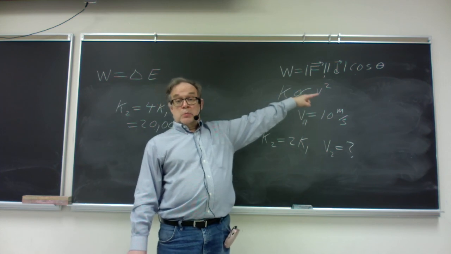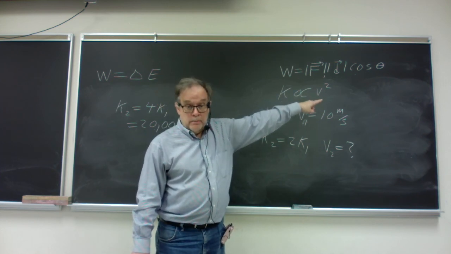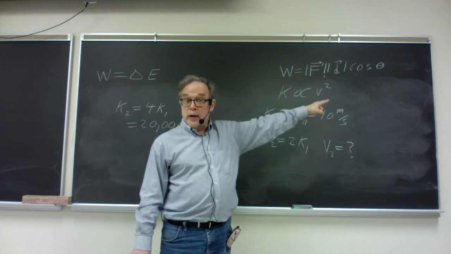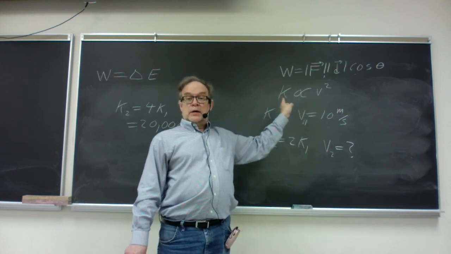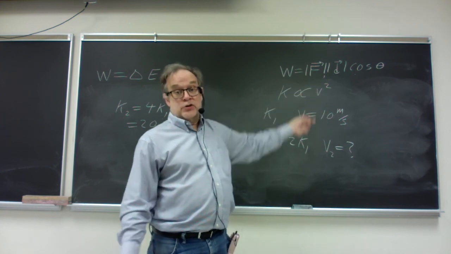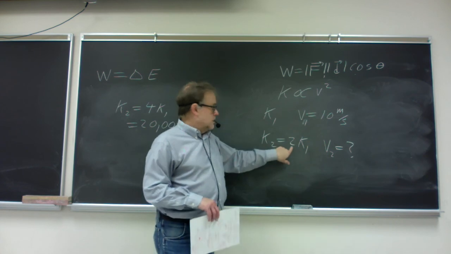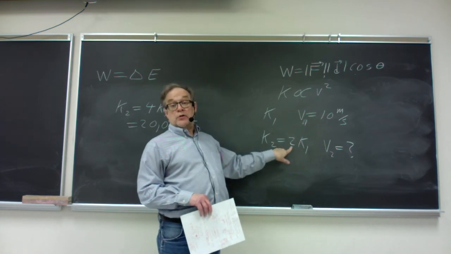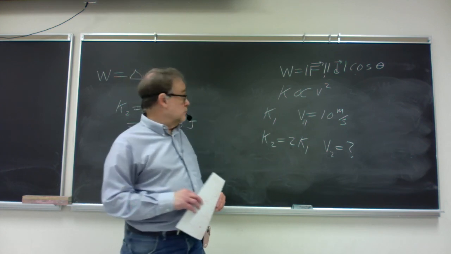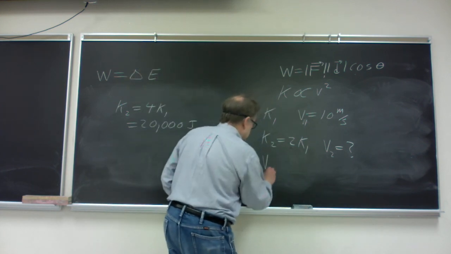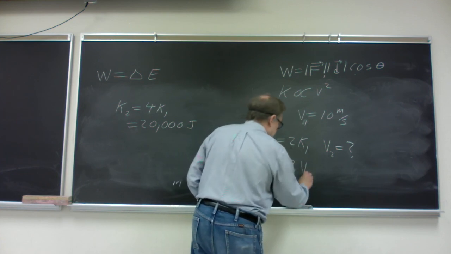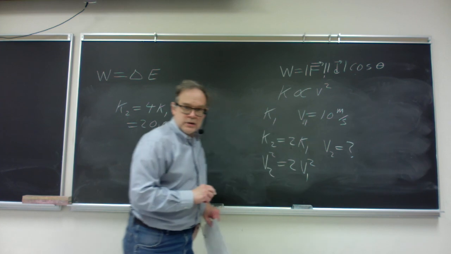Kinetic energy is directly proportional to velocity squared, so kinetic energy changes the same way as velocity squared. When kinetic energy changes by some factor, velocity squared changes by the same factor. In this case, kinetic energy changed by a factor of 2, so velocity squared changes by a factor of 2. The new velocity squared is 2 times the old velocity squared.